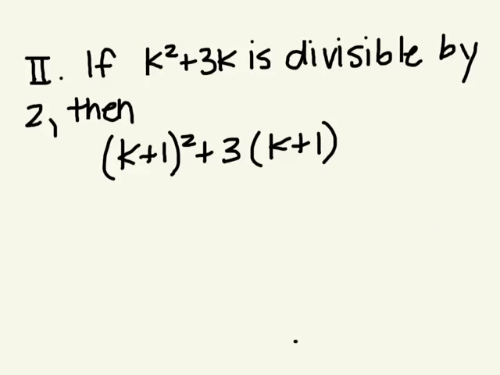All right, so I have the induction step set up. We're saying if k squared plus 3k is divisible by 2, and now we're going to show that the k plus 1 case is also divisible by 2. So it helps to do a little algebra to start. Really, as I look at this, I don't see anything that I can break up.